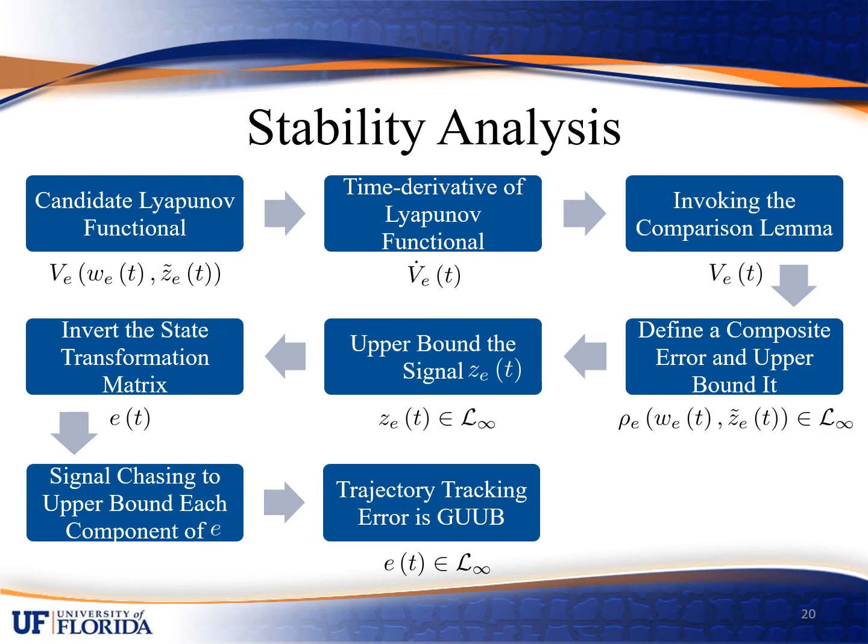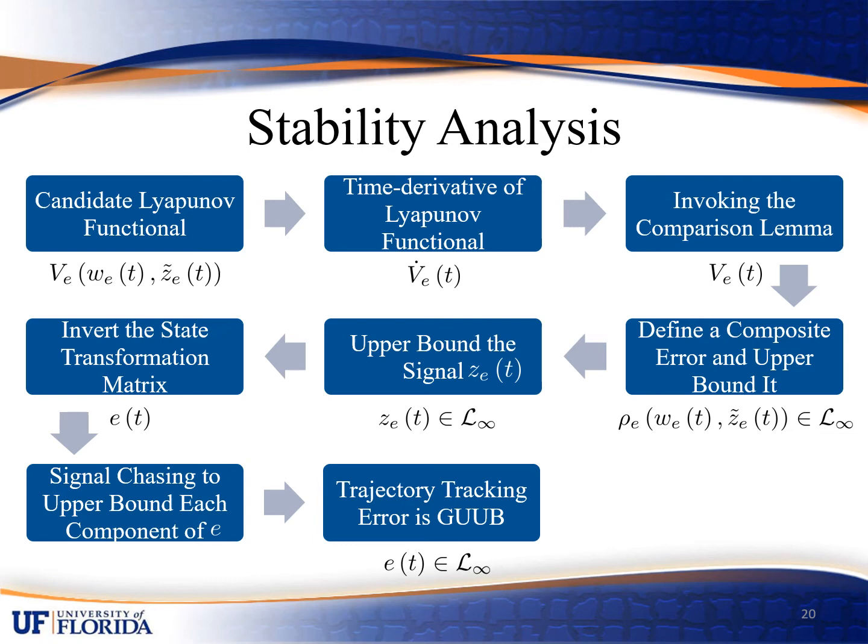After that, we define a composite error signal ρe, which includes WE and ZE tilde, and ρe can be upper bounded. Using the relationship of ZE tilde equal to ZDE minus ZE, we can upper bound signal ZET.